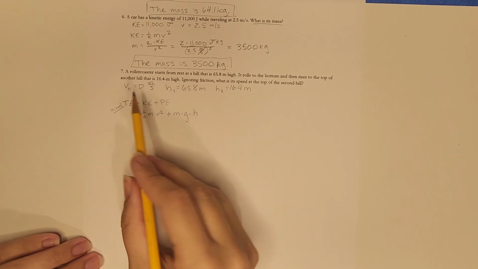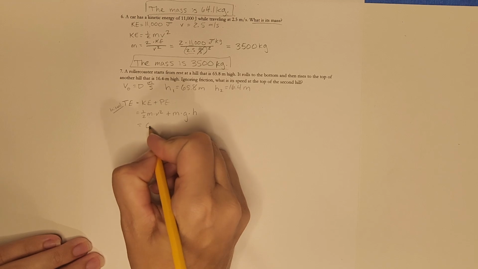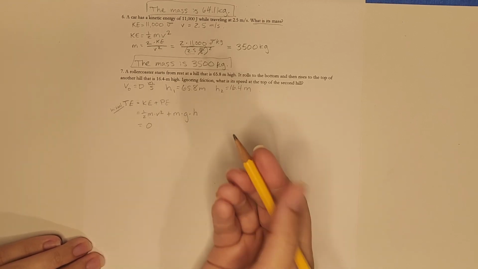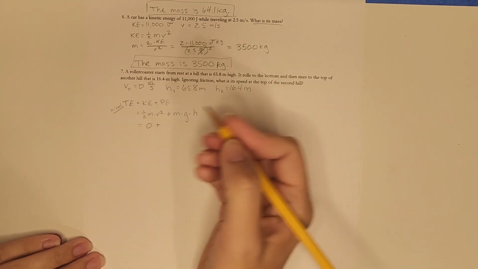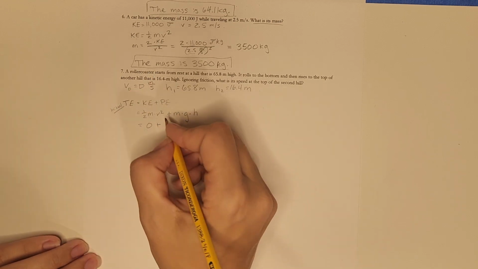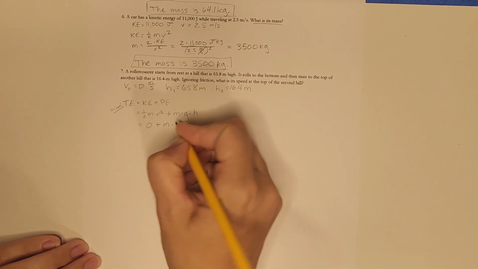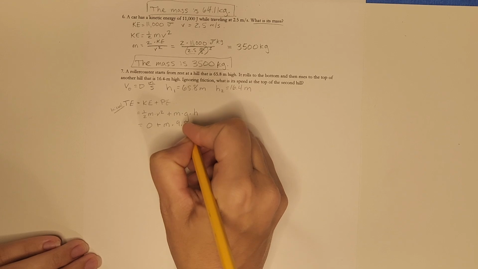So at the top of this hill, our initial velocity is 0. So our kinetic energy is 0. For our potential energy, we weren't given mass, so we're going to have to just leave that as an m. And multiplying that times gravity.